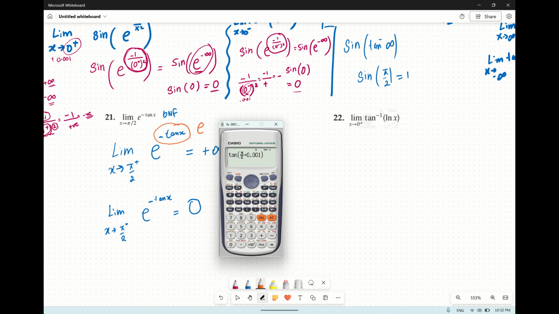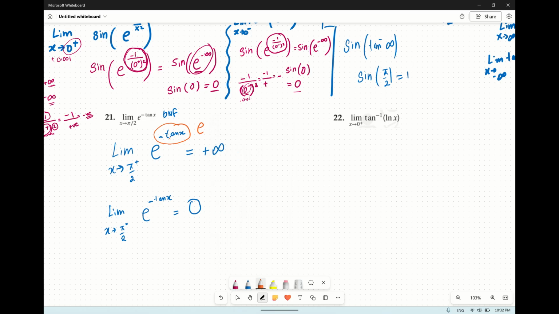So I added a little bit to the pi over 2. What did I get? Negative 9999. So this is like a negative infinity. So this is going to negative infinity. And negative infinity, there's a minus before it. So what does negative and negative become? Positive. What do we know about e power infinity? It is infinity.